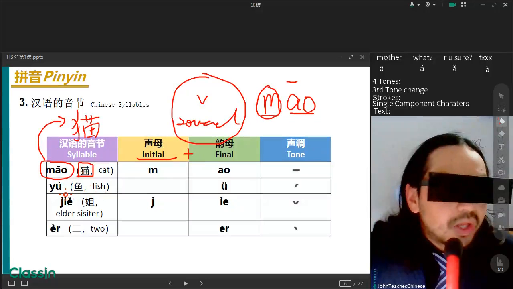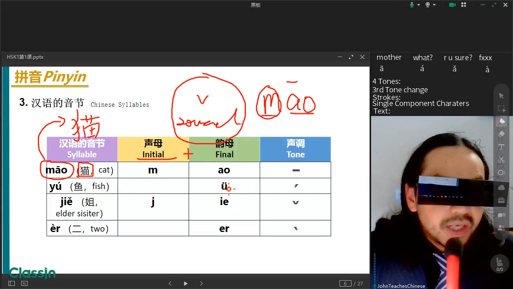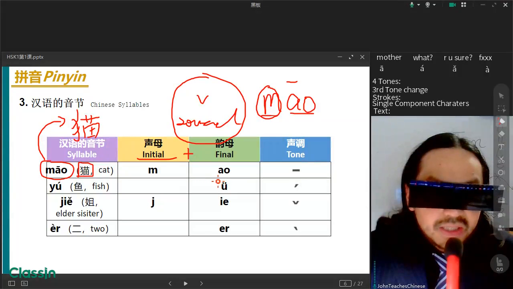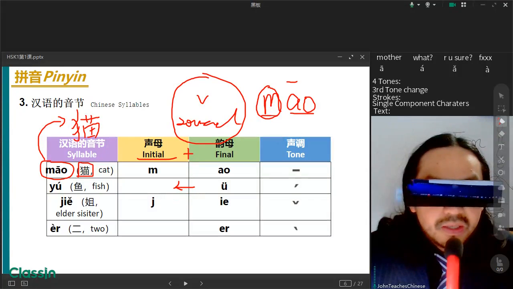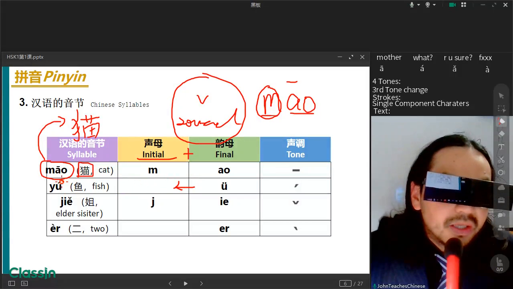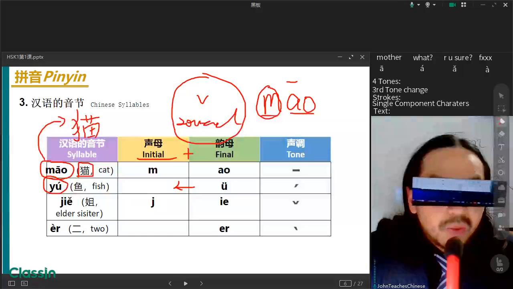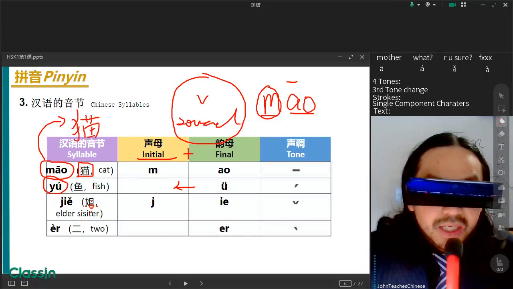And the second one, yu. Because this Chinese character's sound is just yu, there are no initials. Just remember this one: when you want to say yu, you have to write it in this way.